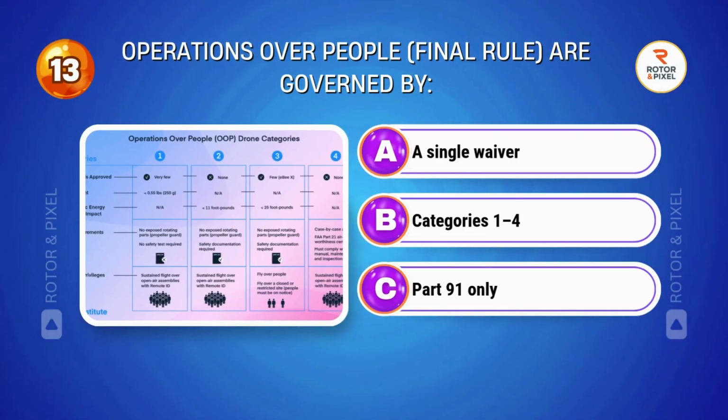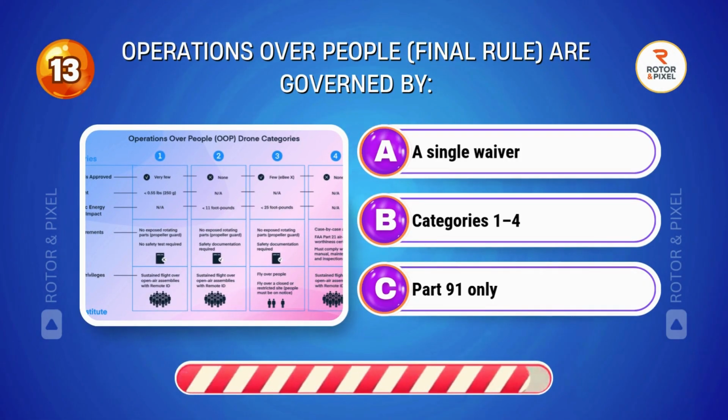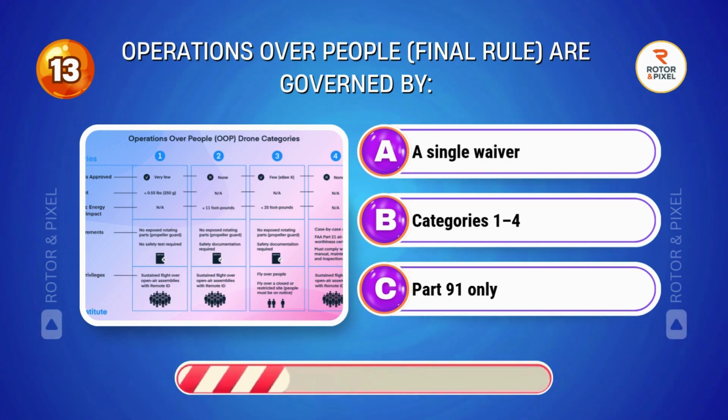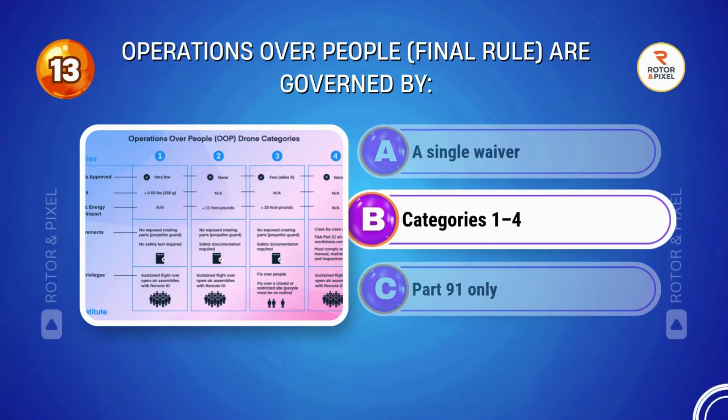Operations over people, final rule, are governed by... Answer B, categories 1 to 4.